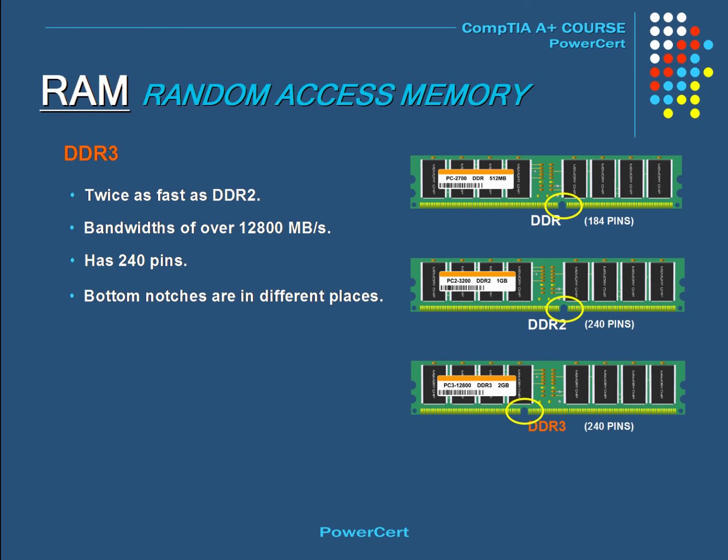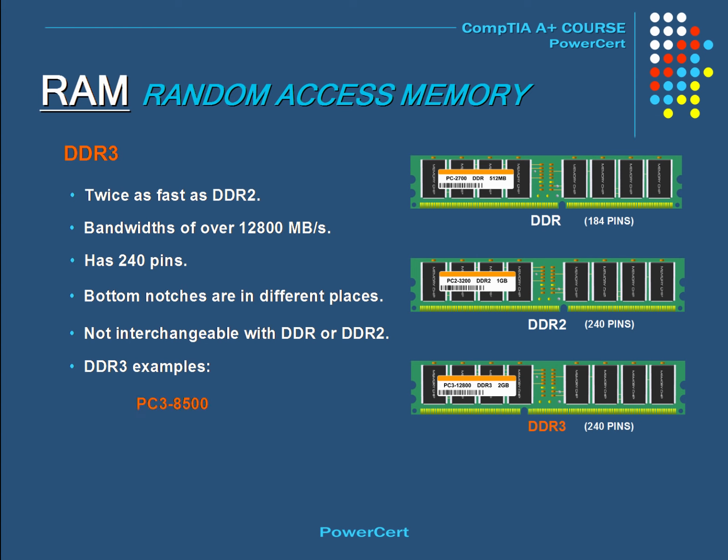So you can't put a DDR3 DIMM in a RAM slot made for DDR2. In fact, motherboards are made to support a certain type of memory, so you can't mix DDR1, 2, or 3 on the same motherboard. Some examples of DDR3 are PC3 8500 and PC3 12800.